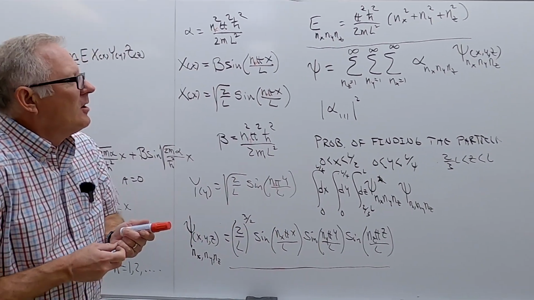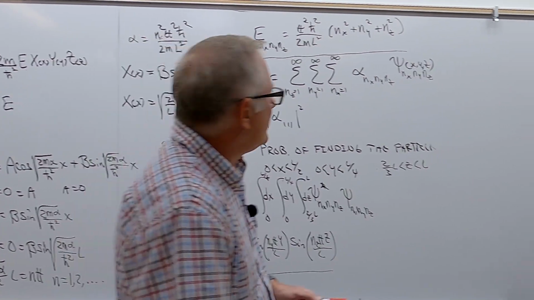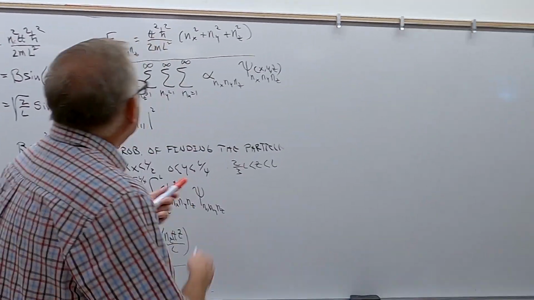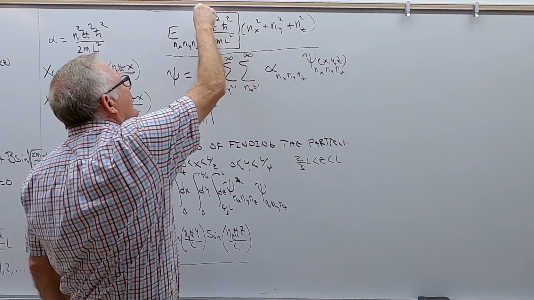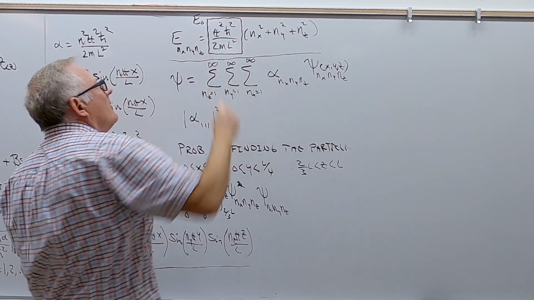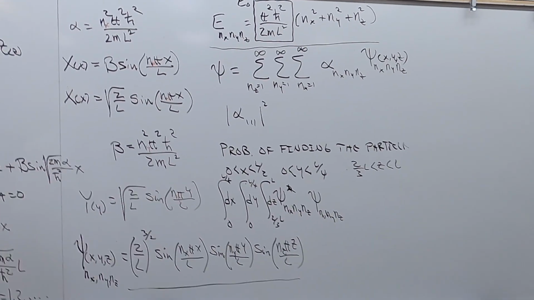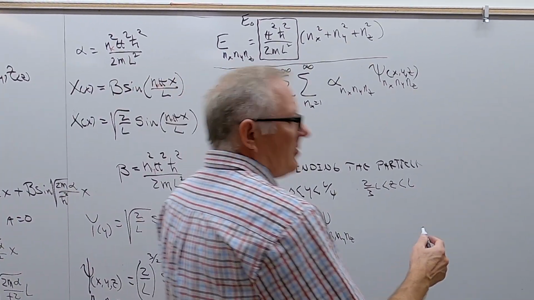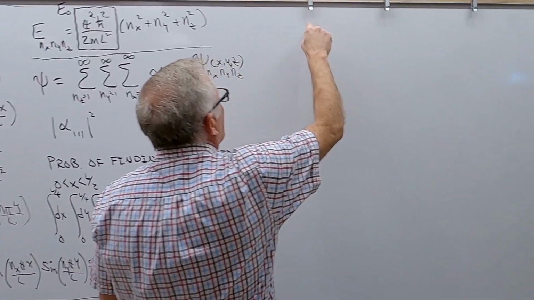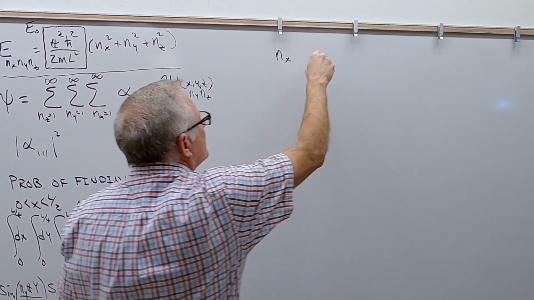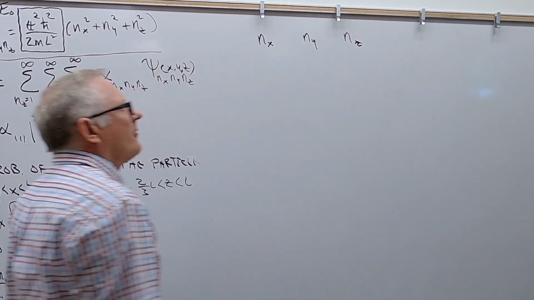Now, suppose we look at the energies here. Just to make it easy, I'm going to call this E naught, E sub 0. It's h bar squared, pi squared over 2mL squared. And so if we look at n_x, n_y, and n_z, these could be different quantum numbers.